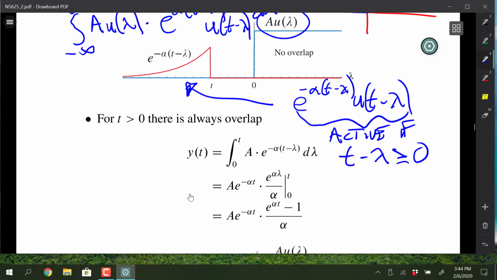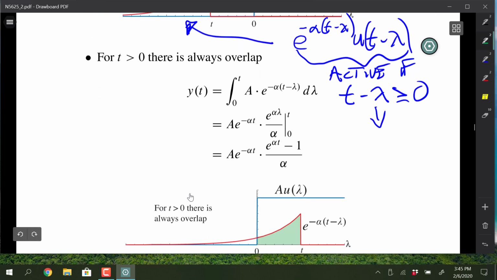So what I recommend that you do, if you're not remembering the best approach, or maybe have what you think is a good approach but you're open to try something new, is my approach, which is very brute force. I just say, okay, I know it's going to be active if t minus lambda is greater than 0. So in terms of the lambda axes, I simply go down here and rearrange the inequality.